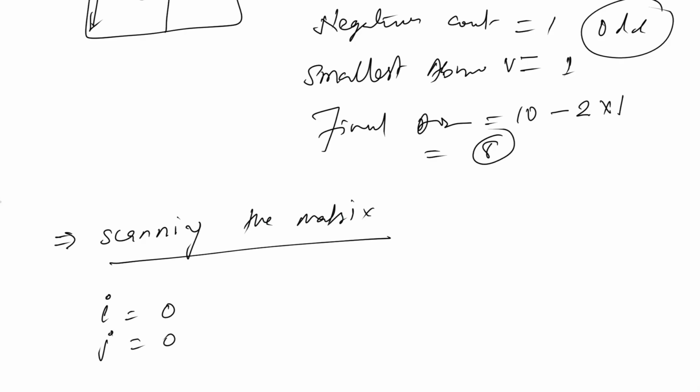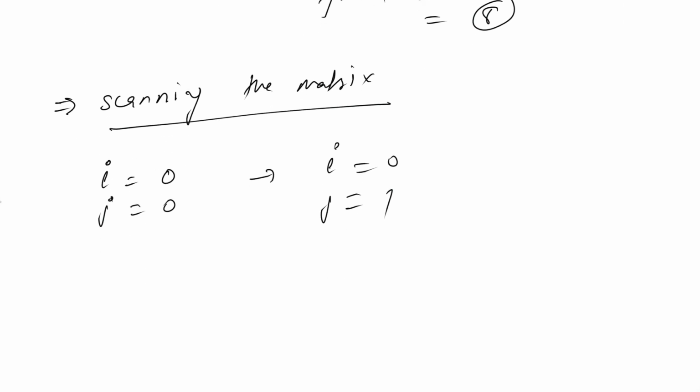When we move to this side, i will remain 0, j will become 1. When we are coming down, i becomes 1, j is 0. If you are moving this side, i becomes 1, j becomes 1.